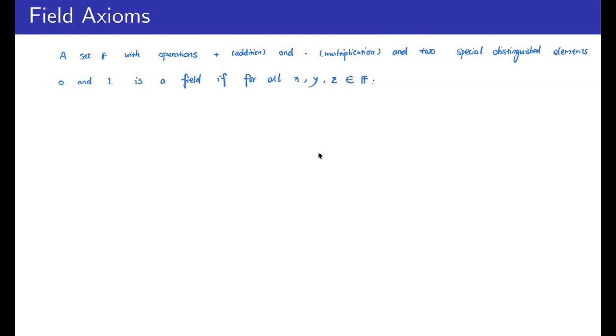Before we talk about the axioms, I want to emphasize something. First of all, the two operations, addition and multiplication, might not be the usual addition and multiplication you know. After you went to the lectures, you should have seen that they might not be the usual operations. Second, the two elements 0 and 1 might not just be the numbers 0 and 1.